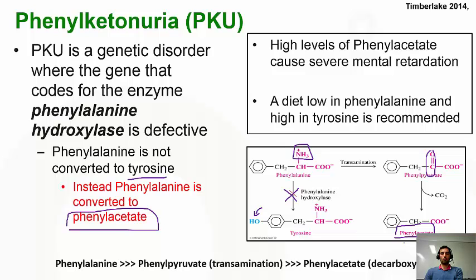So it's very dangerous for individuals that don't have the enzyme to convert phenylalanine into tyrosine to have phenylalanine in the diet. So we need to restrict the amount of phenylalanine in the diet to try and make sure we don't have much of our toxic compound, the phenylacetate, being made, which can actually cause the mental retardation.